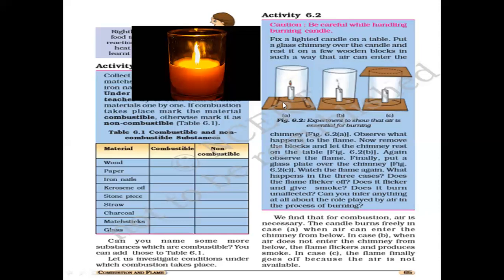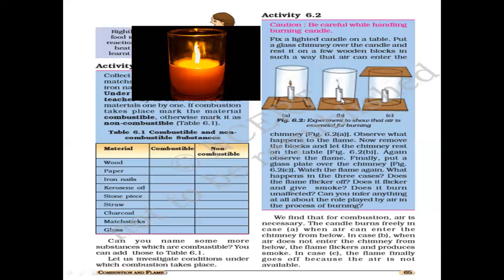From here below, because we have raised it with the wooden block, there is supply of air in this, and therefore the candle is burning. But in case B, when air does not reach the chimney from below, the flame flickers and produces smoke.